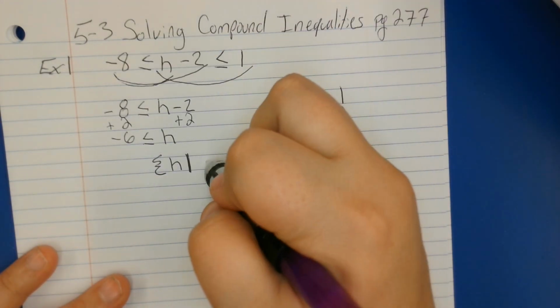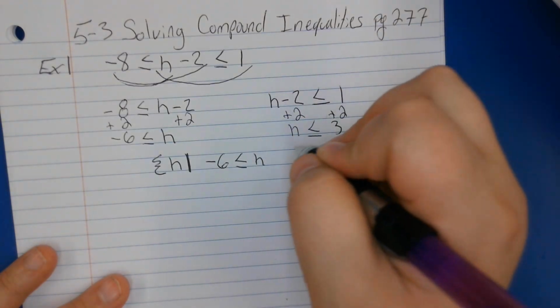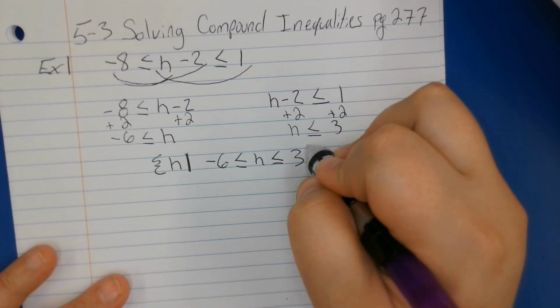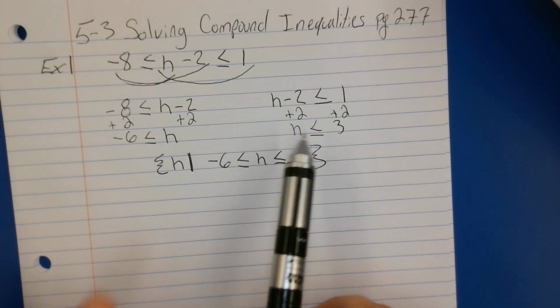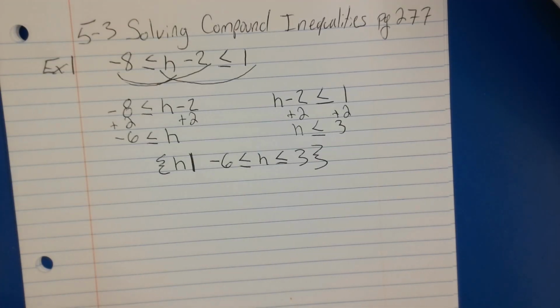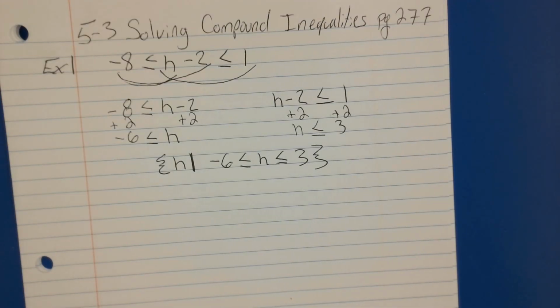So I'm going to go -6 is less than or equal to h, and h is less than or equal to 3. And I'm going to end my bracket. So as you see, it is this one smushed together to make 1. And then we're going to graph this on our number line.